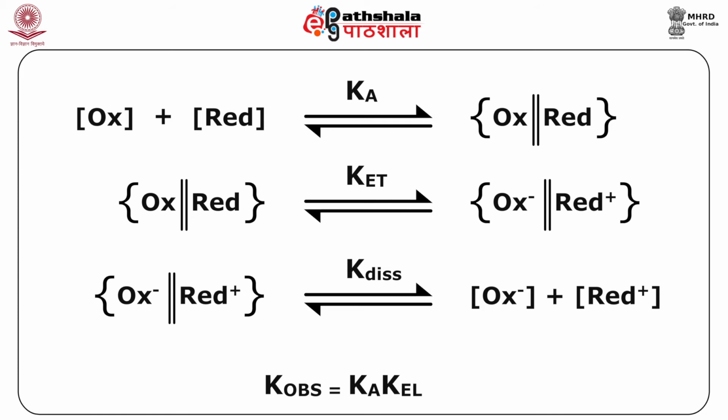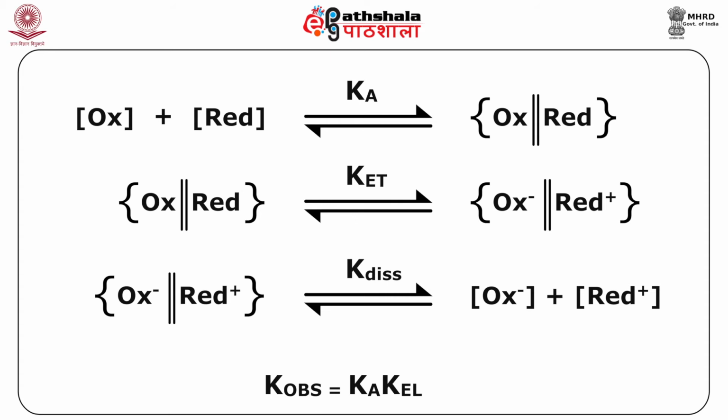So it is written as OX minus and RED positive. Now this oxidant minus and reductant positive pair dissociates, and after dissociation it forms oxidant negative plus reductant positive. So what is the overall equation?